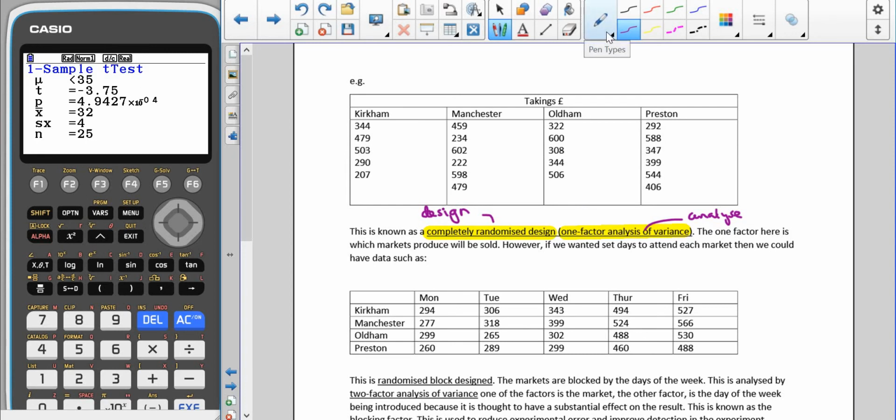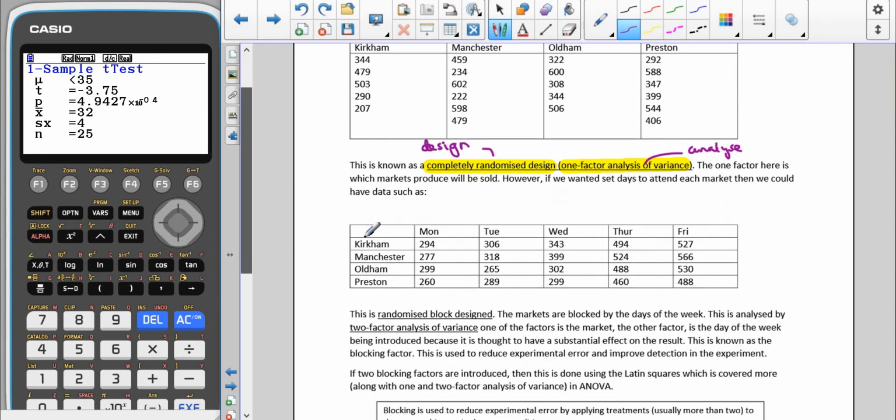Now, the one factor here that we're having a look at is where she got the produce from. However, if we wanted to improve on this design, then we could add a blocking factor. A blocking factor is another thing that we are going to control to be able to see if it was where she was getting her produce from, or, for example, here we have added the blocking factor of which day of the week she sells the produce on that was affecting the sales.